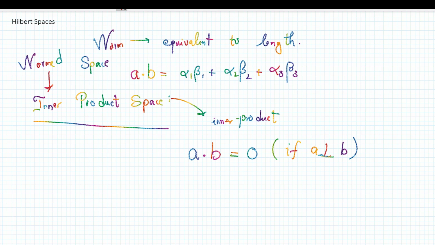And let's dive into the dynamics and the mathematical definitions of my inner product space.